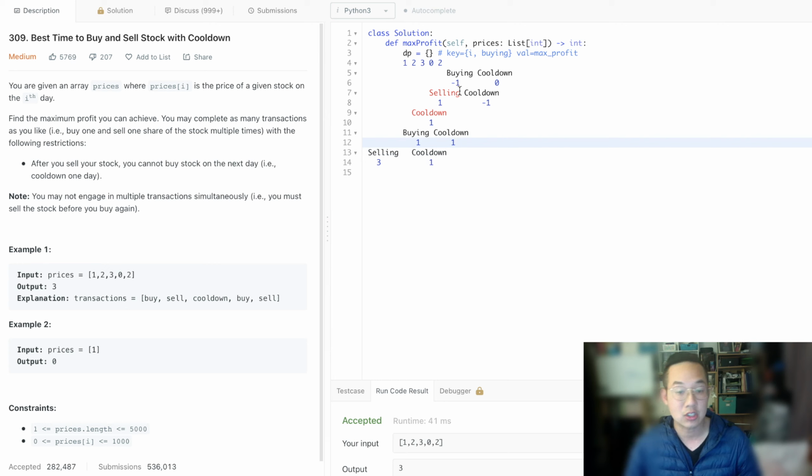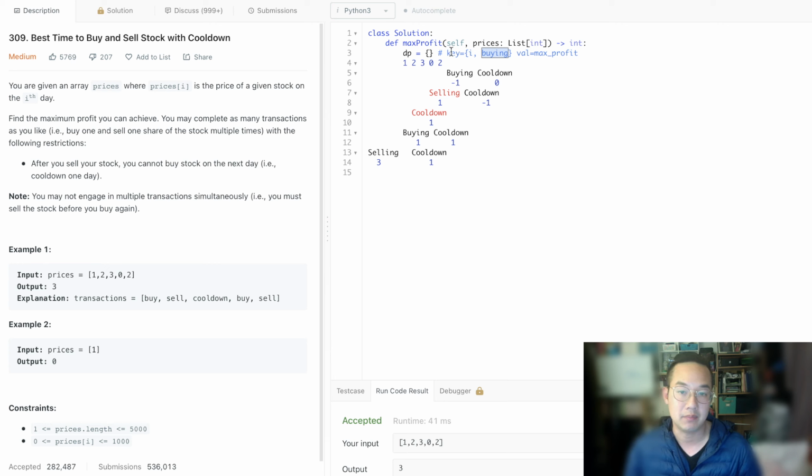So this decision tree requires us to remember whether we're buying or selling at this particular point, or whether we should cool down at that point. When we're cooling down, we're looking at making a decision: what happens if we skip this item, and what happens if we buy and take the price.